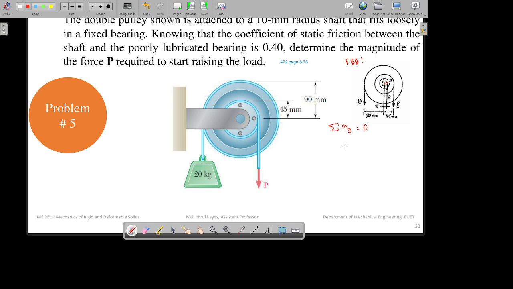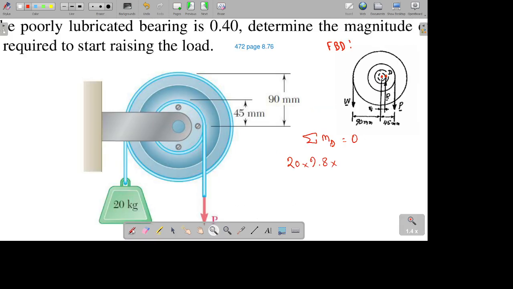To write this in shorter form, the equation will look like this: the force over here, 20 into 9.8, we have to take the weight. So 20 into 9.8 into the distance, which will be the radius of the larger pulley over here, plus the radius of friction.